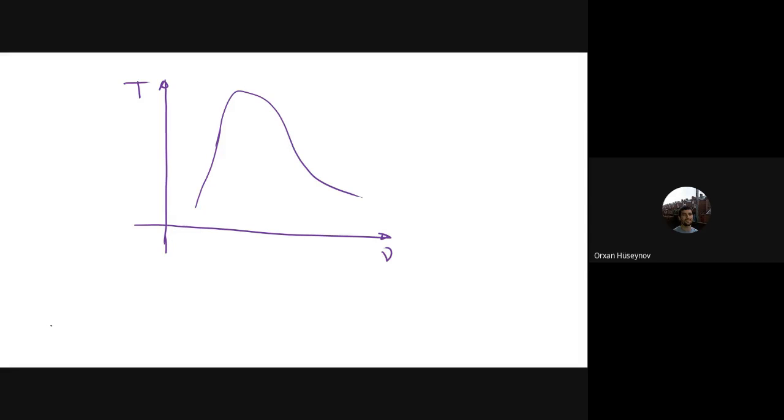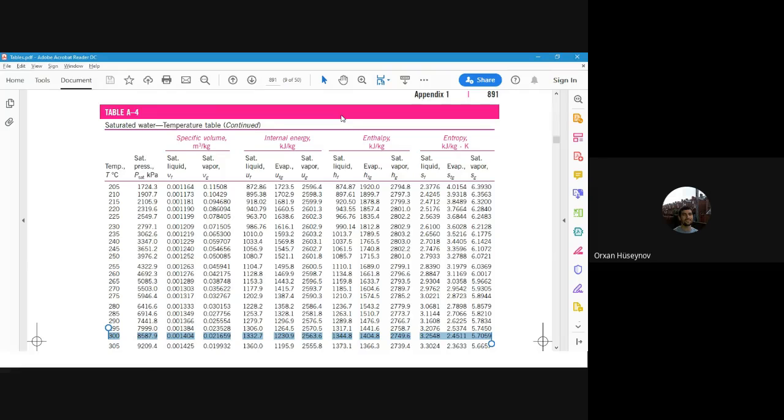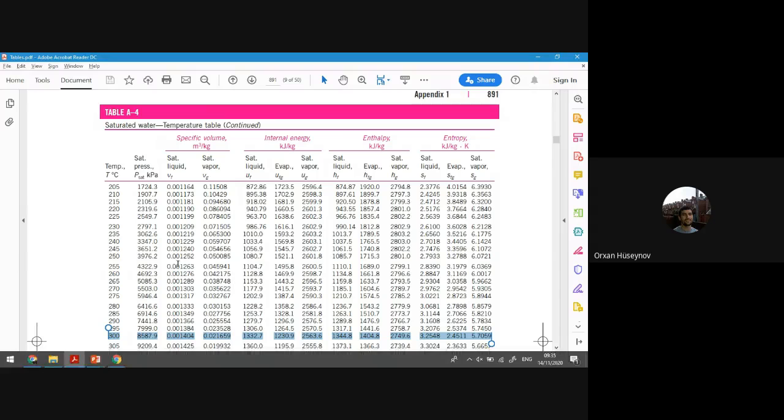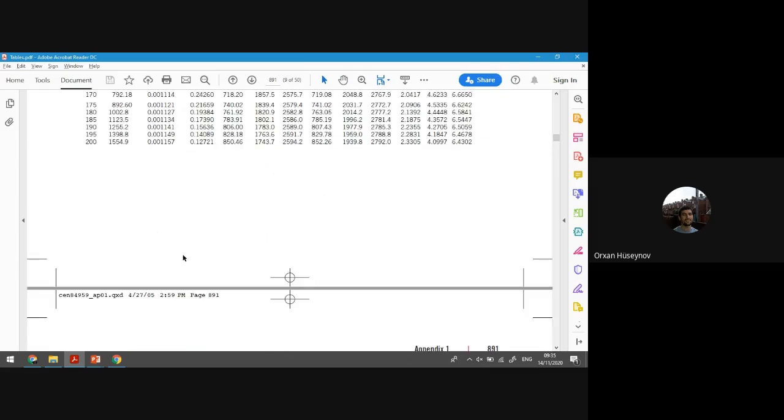So I will take the first 10 megapascals here. The pressure is 10 megapascal. And for this pressure value, when the pressure is 10 megapascal, I will just write the saturation temperature. It is from the chart.